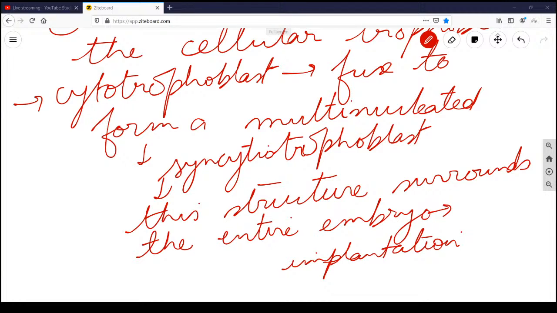It will keep on invading. It is a very invading tissue, which erodes its way into the endometrial stroma.